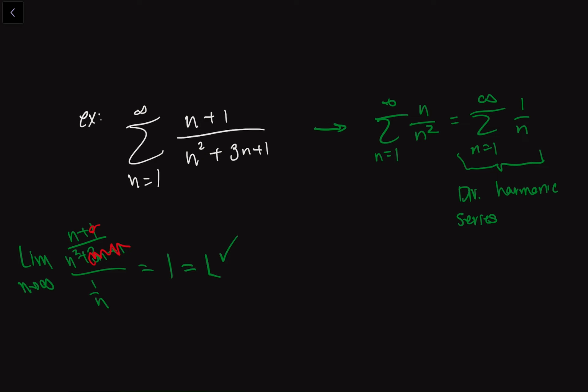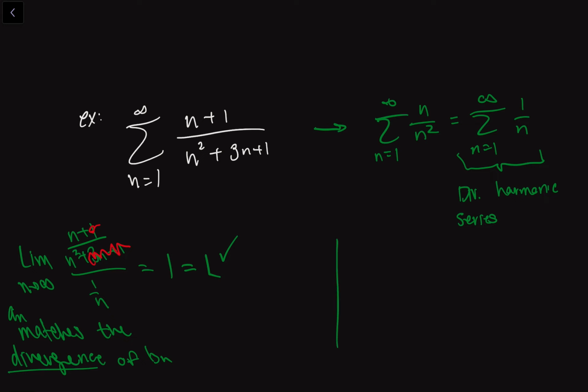So it matches the divergence. In this case, since b sub n diverges, a sub n will also diverge. That is, a sub n matches the divergence of b sub n. So a sub n diverges.